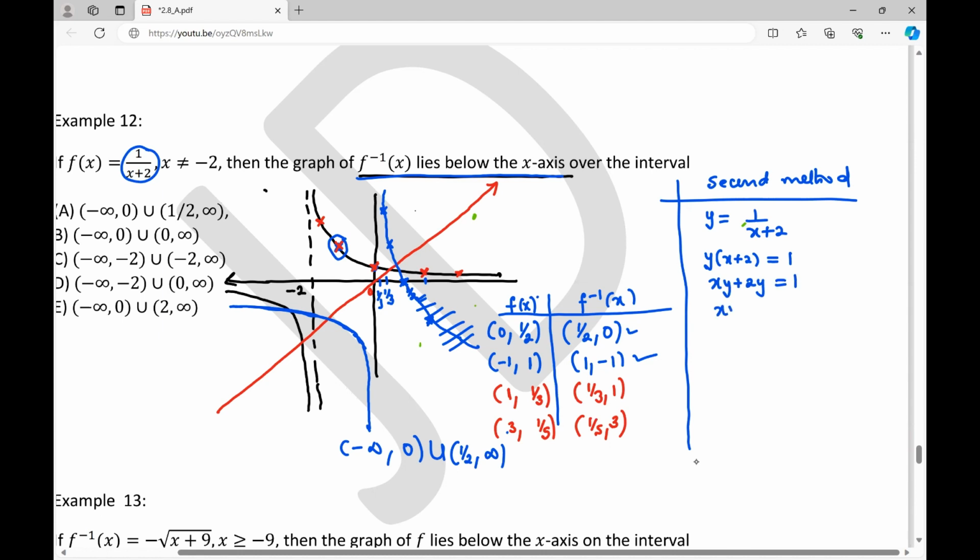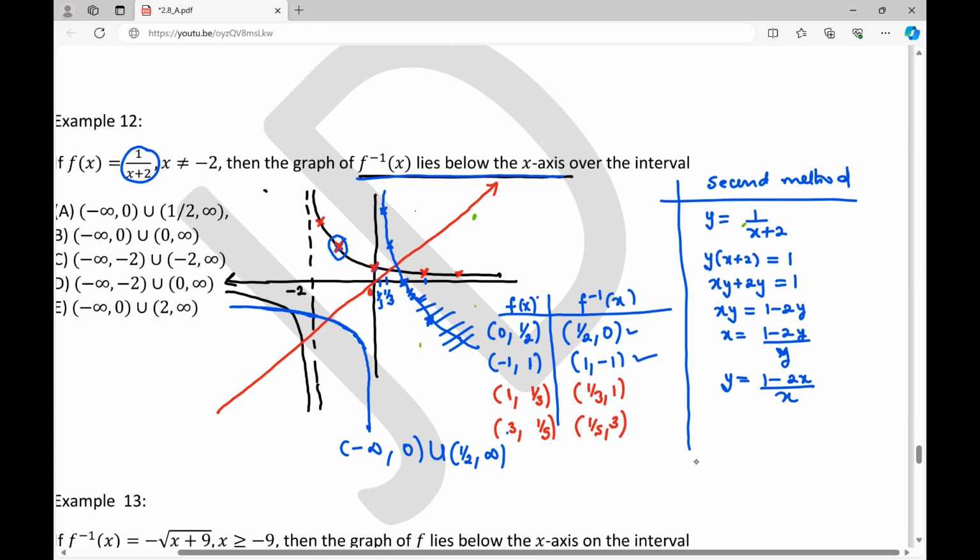So xy is equal to 1 minus 2y. So here x is 1 minus 2y over y, right? Then at this point you can interchange x and y. So y is 1 minus 2x over x, right?